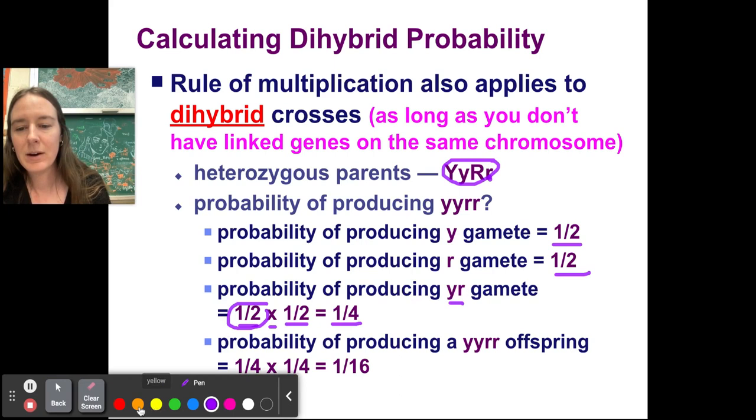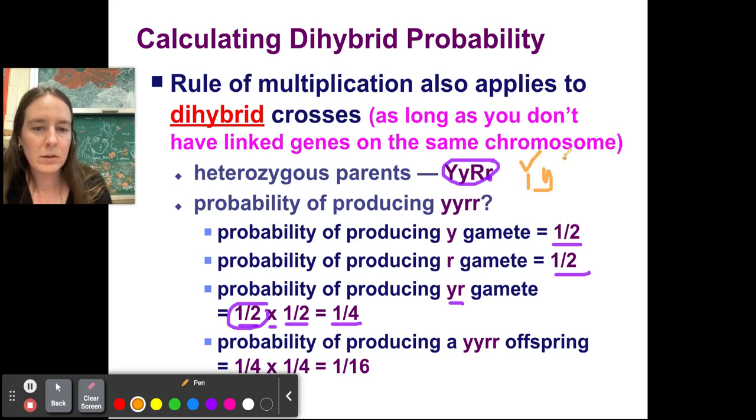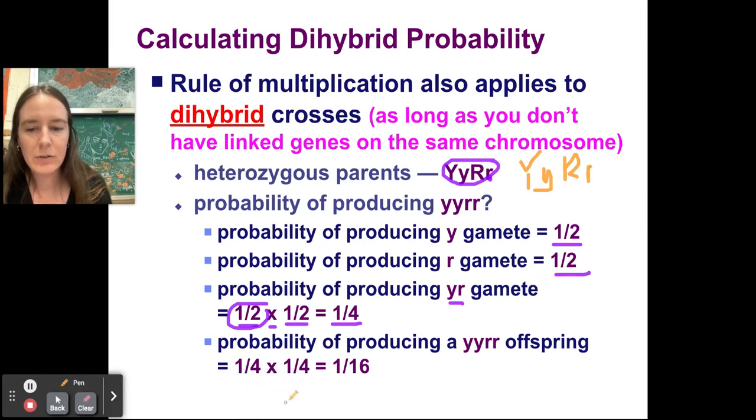Okay? Now, that's just for the dad, but what about the mom? If the mom is the same exact genotype as the dad, big R, sorry, I erased it, little r, you can do the same steps. And you're going to find the same chances: 1/4 that the mom is going to make a little y, little r gamete. Remember, we're looking at two different genes. So now we can finish this last piece.